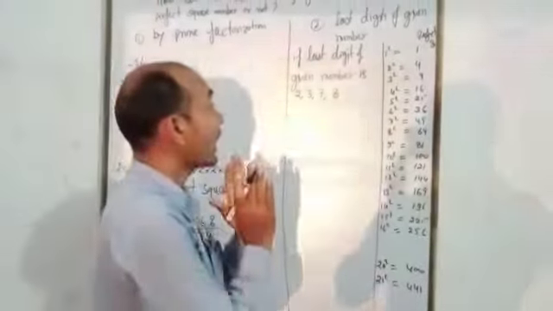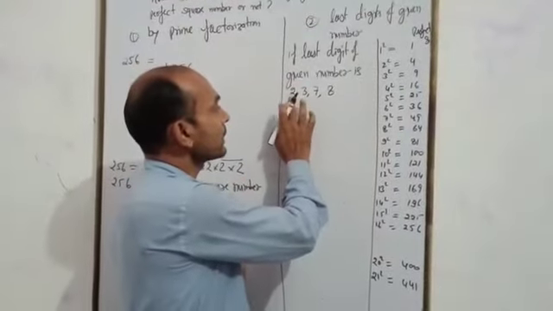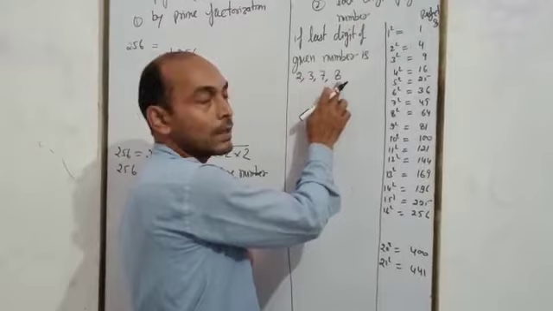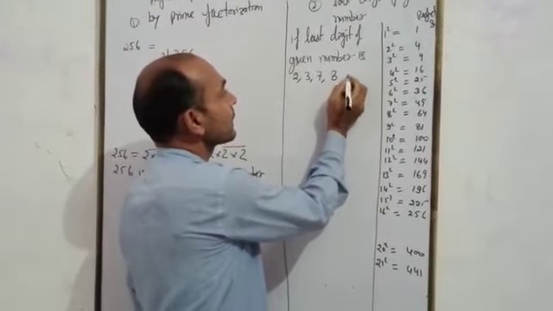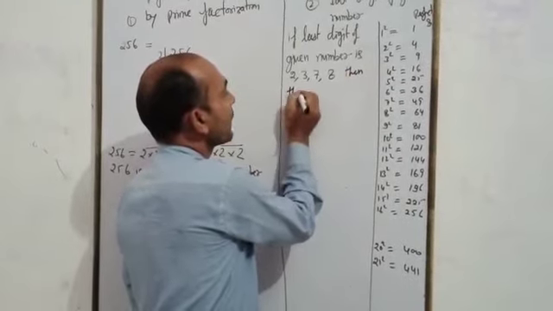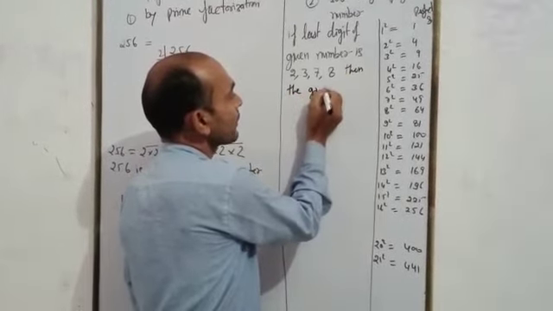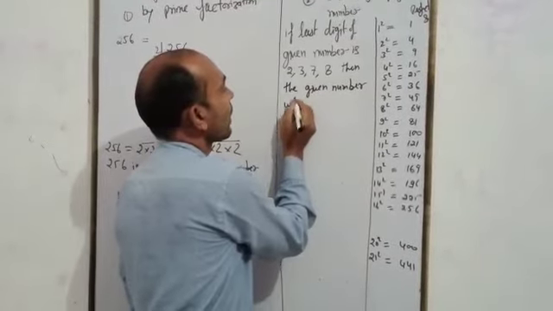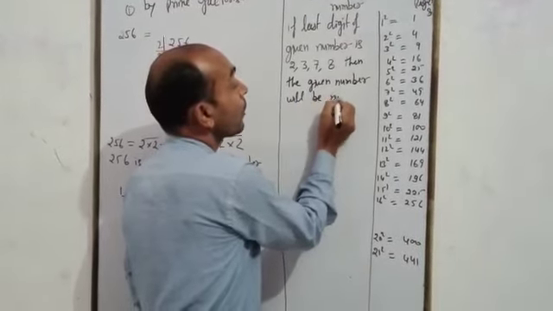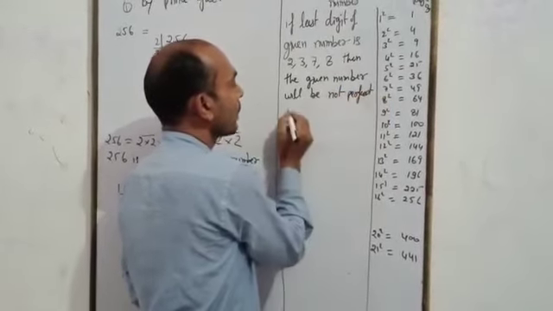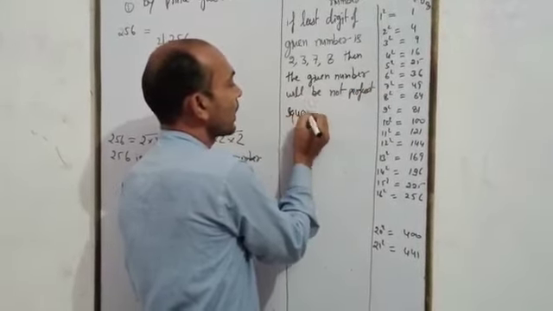If the last digit of the given number is 2, 3, 7 or 8, then the given number will not be a perfect square number.